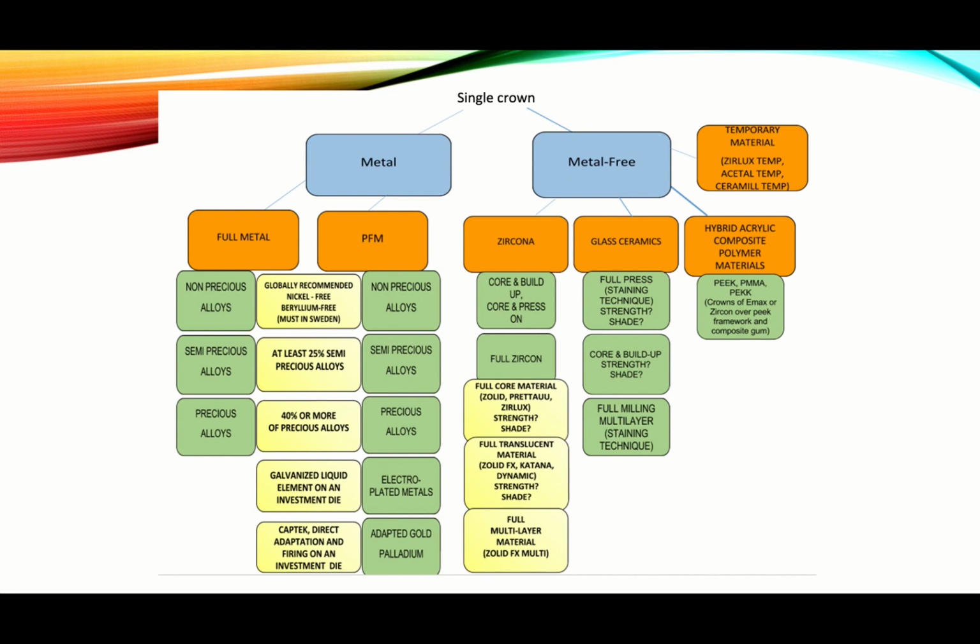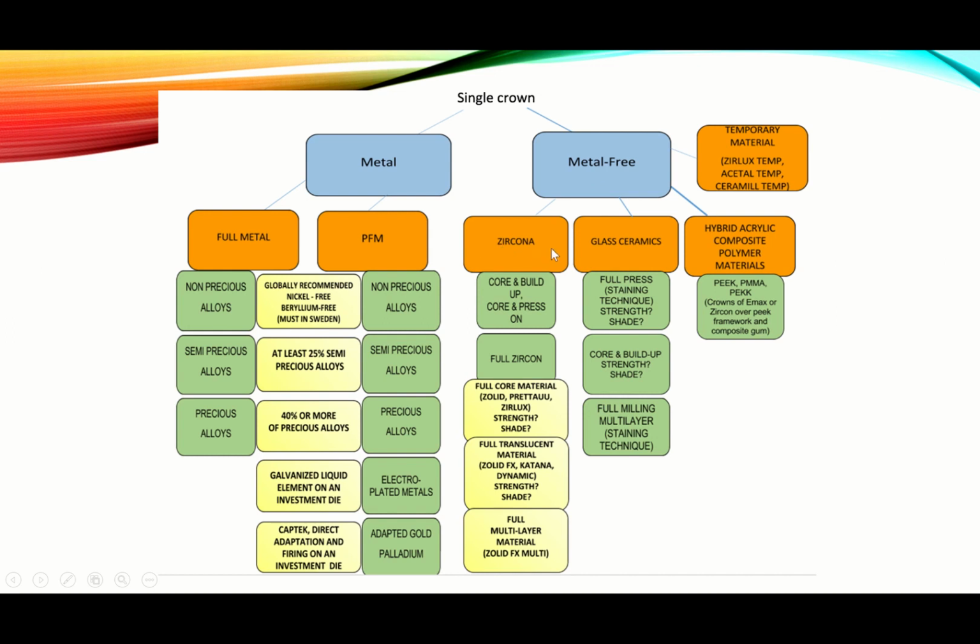But anyways, it gives you a core. It doesn't give you a full tooth in electroplating. Same thing with adapted gold platinum. If you worked with Captek back in America, we worked very much with Captek at a certain point in time. But anyways, if you're going to discuss non-metal or metal-free, you're talking about a different set of prostheses.